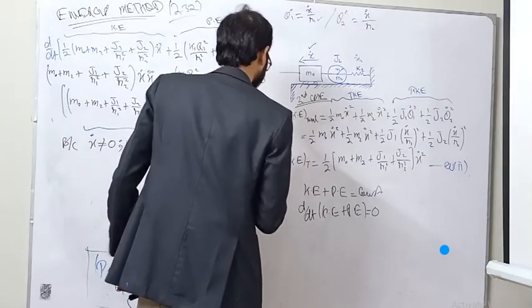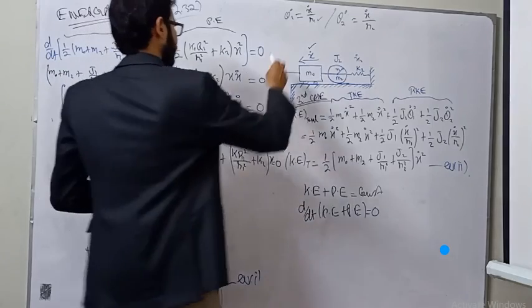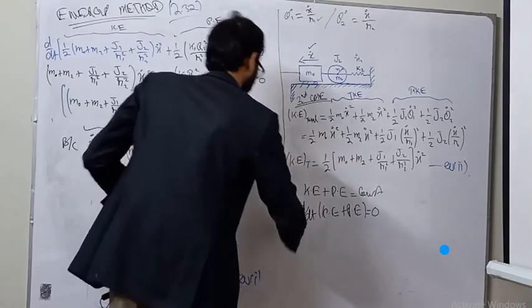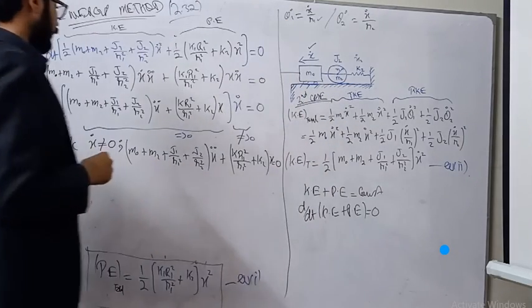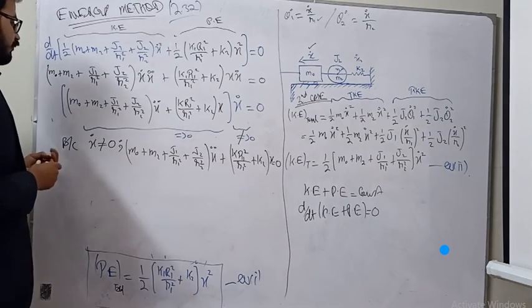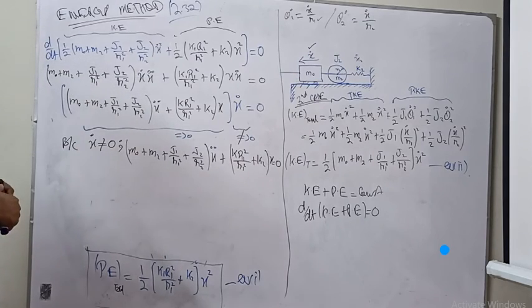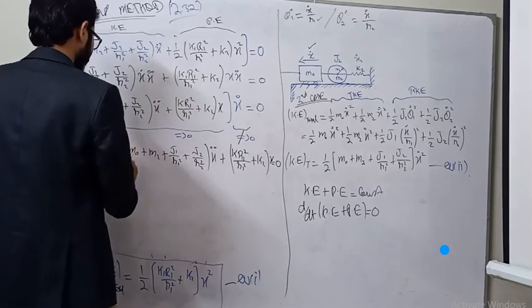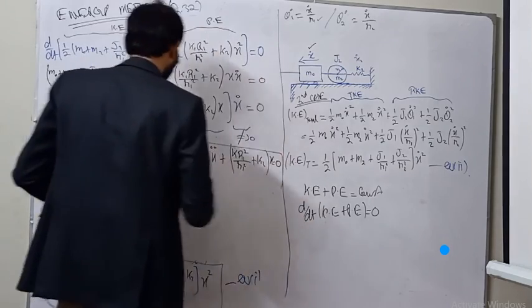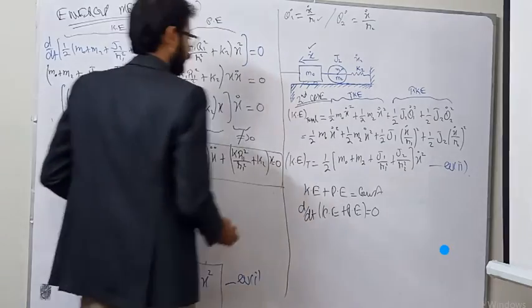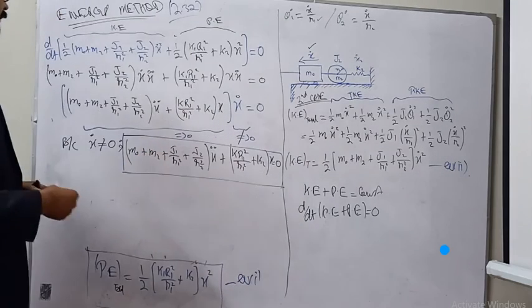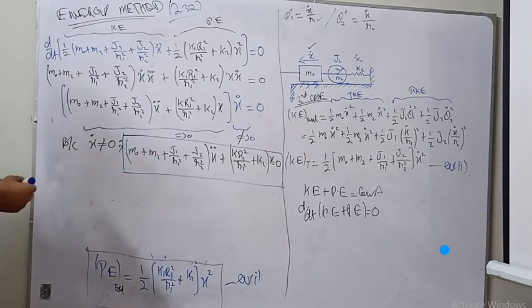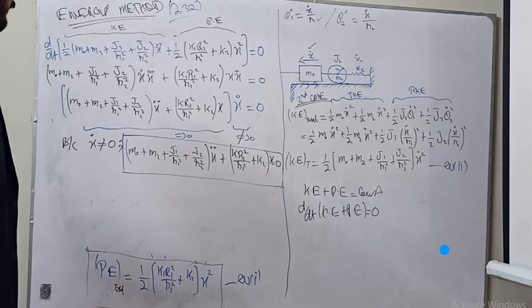This thing will be equal to 0. So this is the equation of motion we were searching for, derived from the energy equation, and we can find the response of this equation of motion as we have discussed in earlier cases.